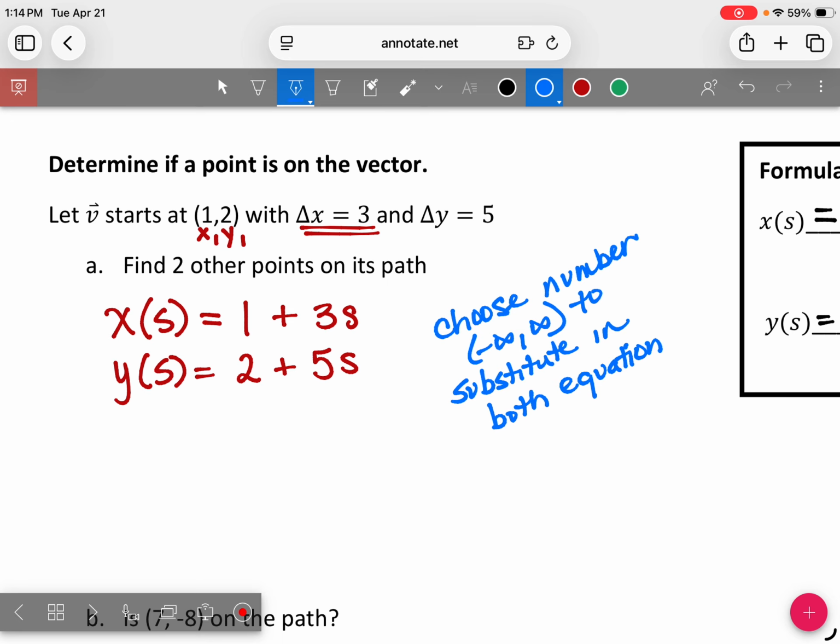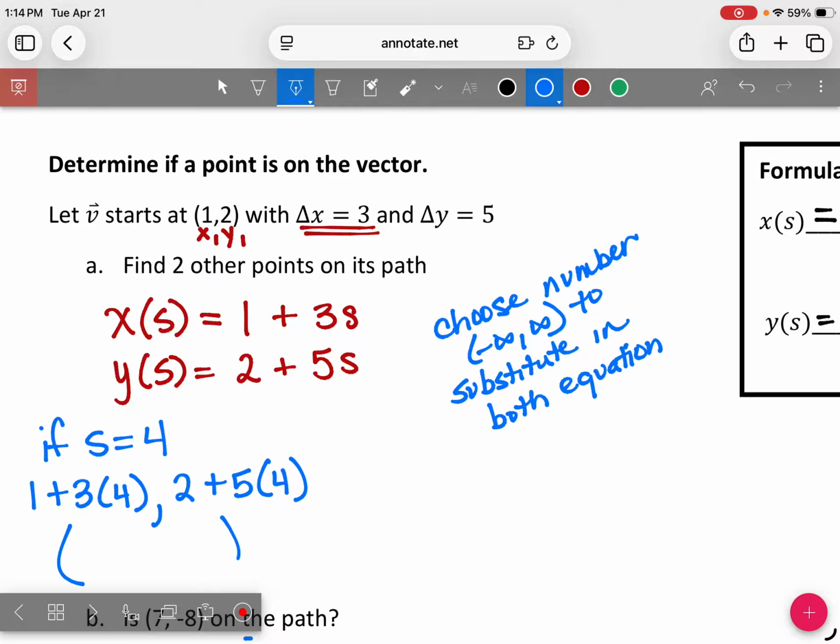So if I choose s equals 4, that means my x value will be 1 plus 3 times 4, and my y value will be 2 plus 5 times 4. Go ahead and simplify that down to get your ordered pair.